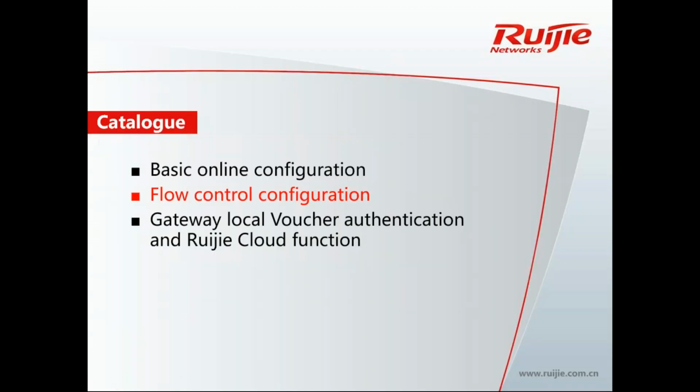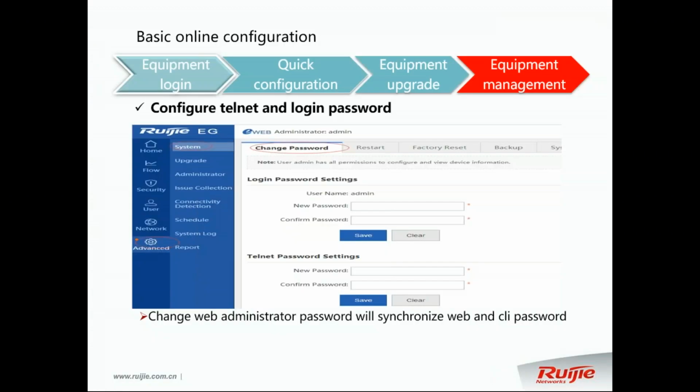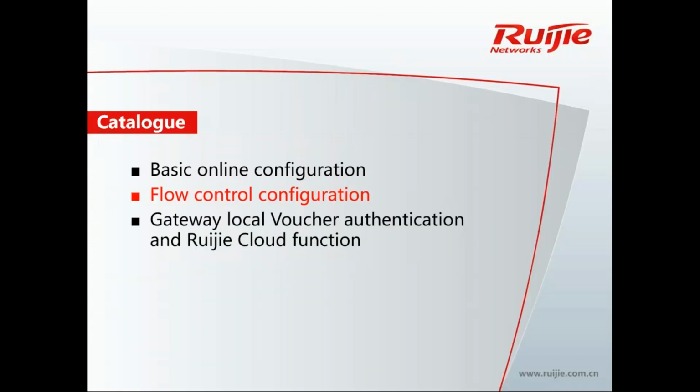Okay, so this is the basic online configuration. Let us have a review. We have the router mode and the bridge mode. Router mode is more popular. Just follow the quick start guide, then configure the public IP address and private IP address, then finish it.